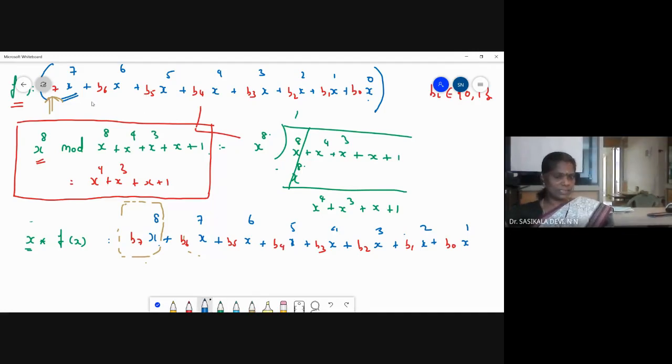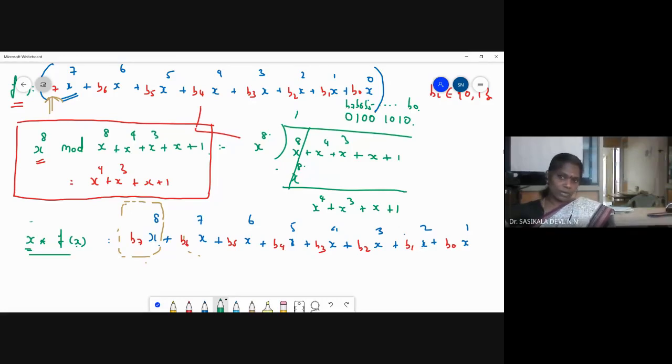Let's take this f of x represented as binary like this: 0, 1, 0, 0, 1, 0, 1, 0. This is the b7 coefficient, and this is the b6 coefficient, and b5 coefficient, and so on. This is the b0 coefficient. Okay, x into f of x after multiplication, this will be the result.